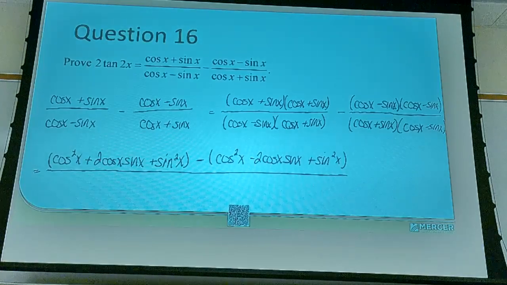And then in the denominator, that is a difference of squares. That gives you cosine squared minus sine squared. But look, let's use red. You have cosine squared minus cosine squared. You have sine squared minus sine squared.